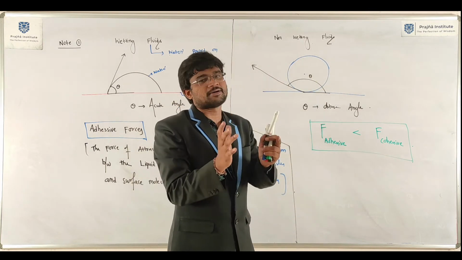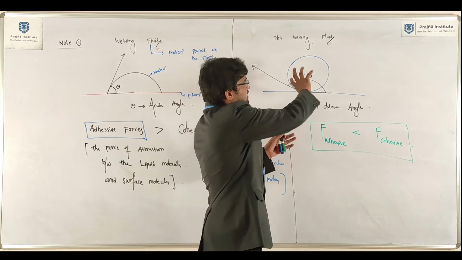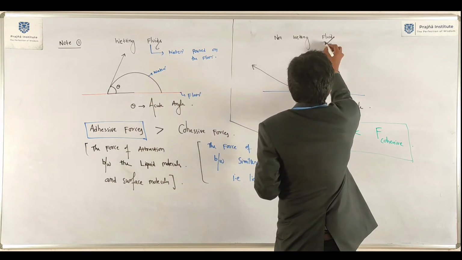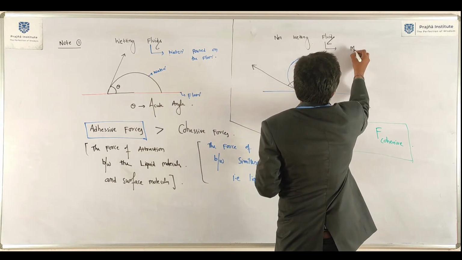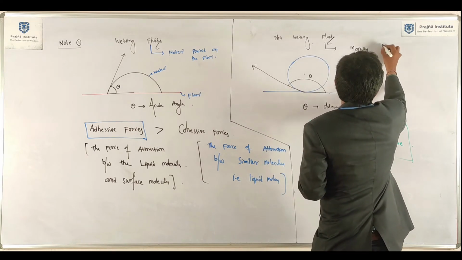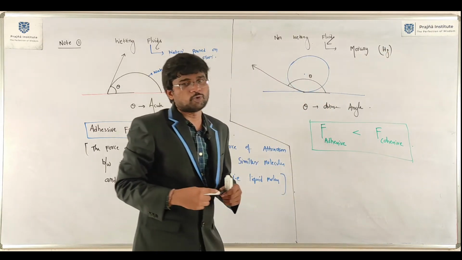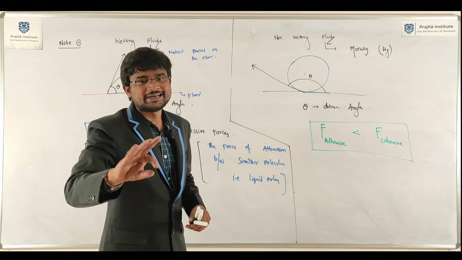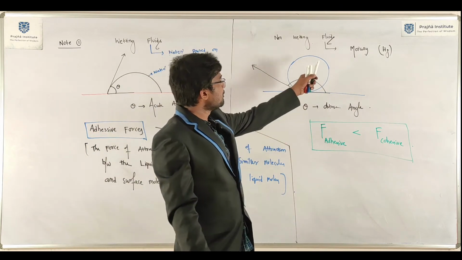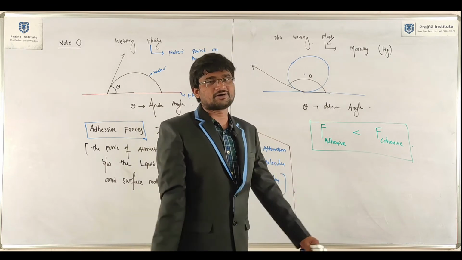It contains similar molecules, and the force of attraction between those molecules is very high. Here, the example is mercury, Hg. It is a non-wetting fluid. Even if you pour it, it forms droplets. So mercury can't wet the floors.